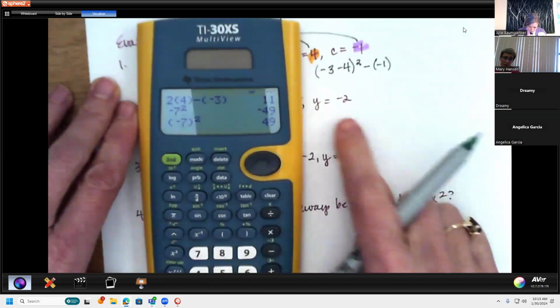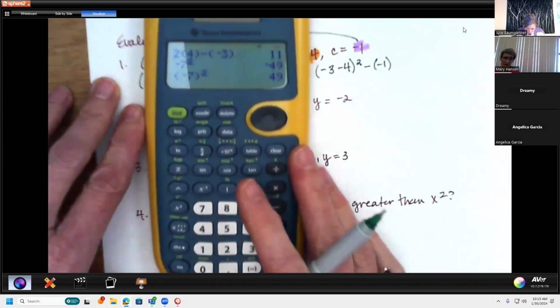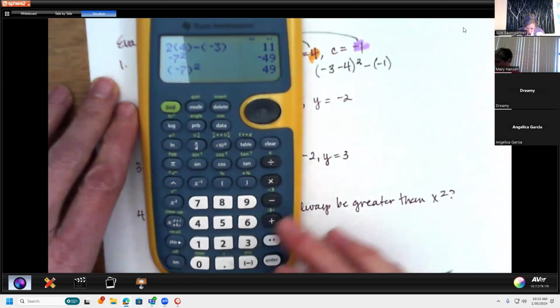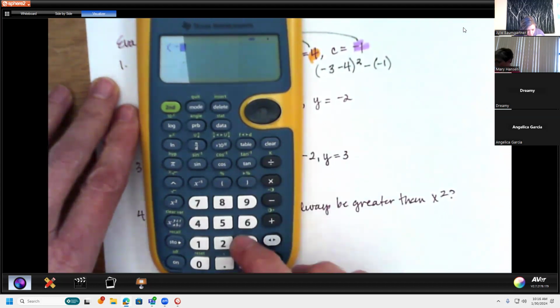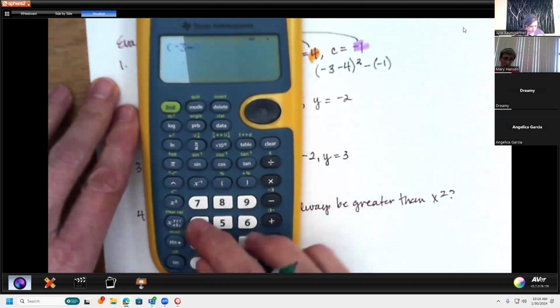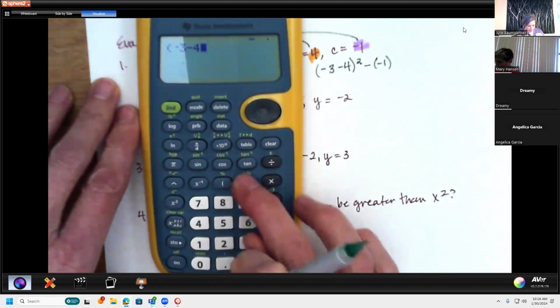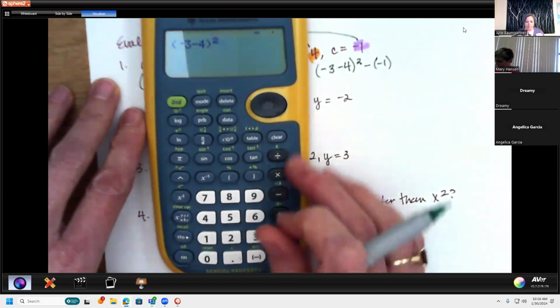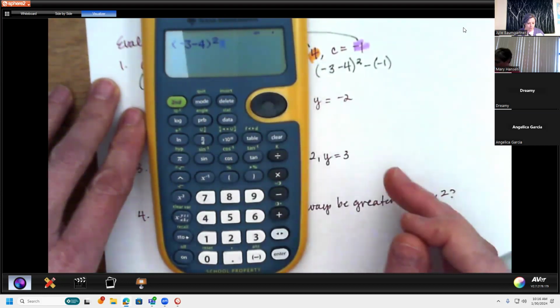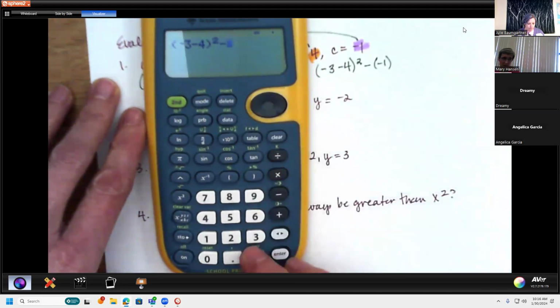It is possible to put all this in the calculator, okay? The way I would do it would be, I would open the parentheses and say -3 subtract 4, close the parentheses, hit the x squared button, which is to the left of the 7. Then I want to subtract -1.